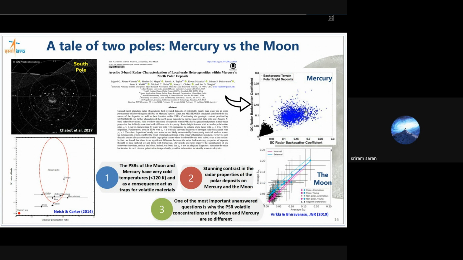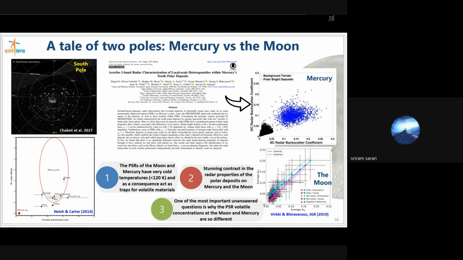All the blue points are the high radar albedo features from these permanently shadowed regions, clearly indicating the presence of ice, whereas all these black points, which are formed in the form of a cone, are the background terrain data.